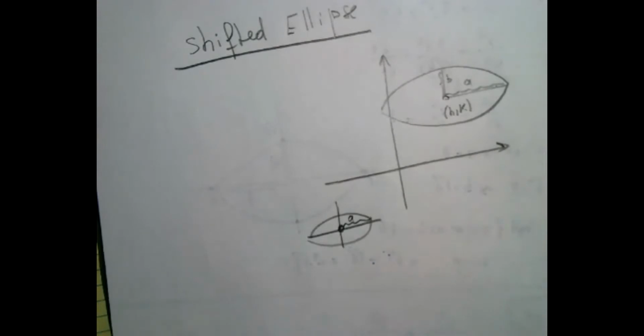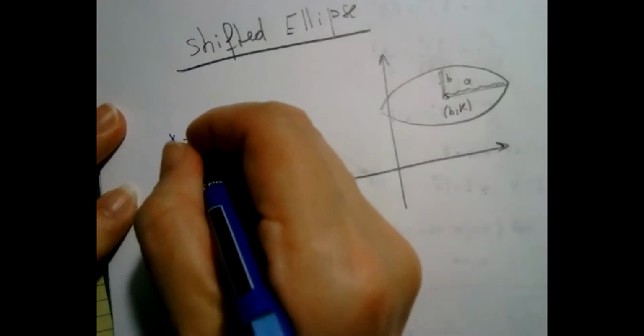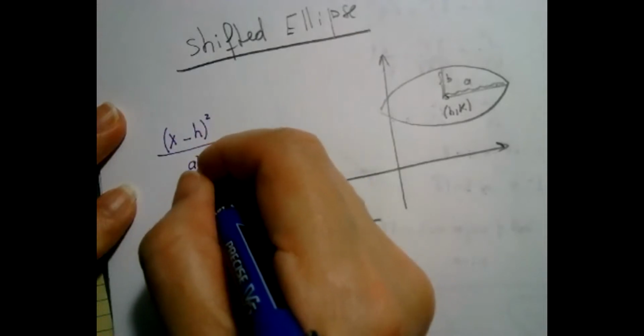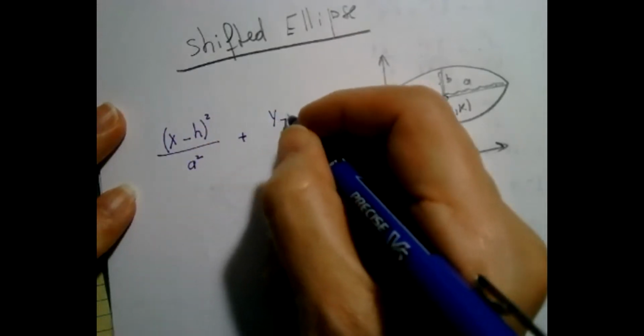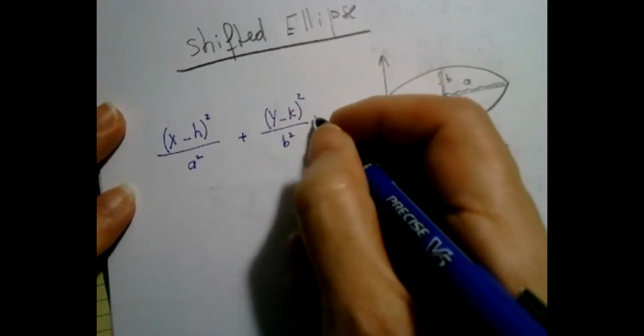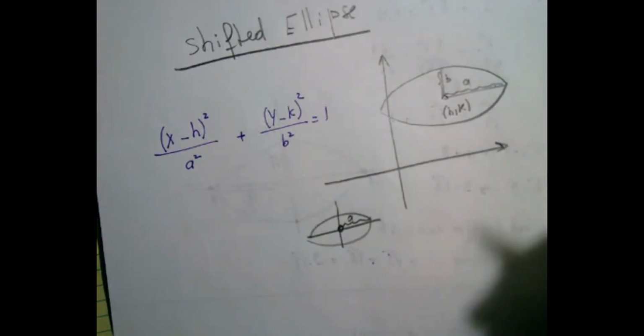Now, the equation will change in the following format. The equation will become (x minus h) squared divided by a squared plus (y minus k) squared divided by b squared equal to 1. So whenever I have x squared, I put x minus h. It's changed in the same way. The a and b basically have the same meaning.